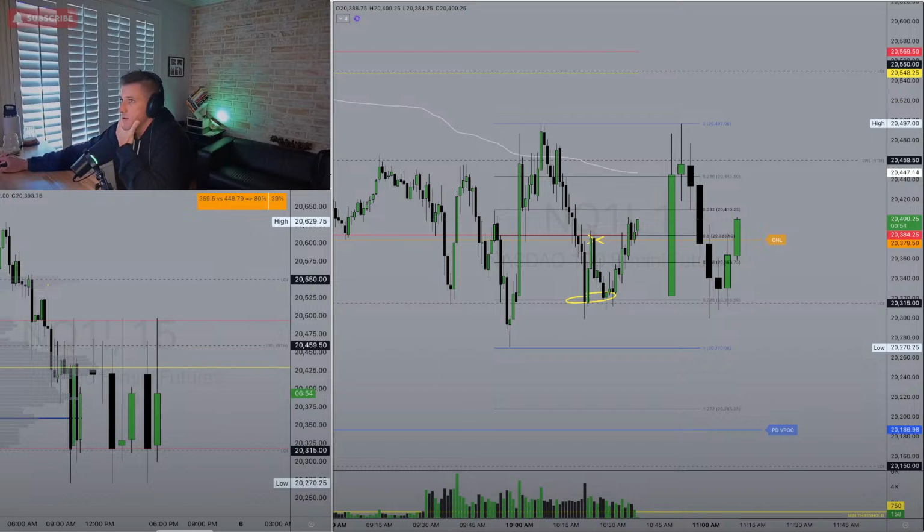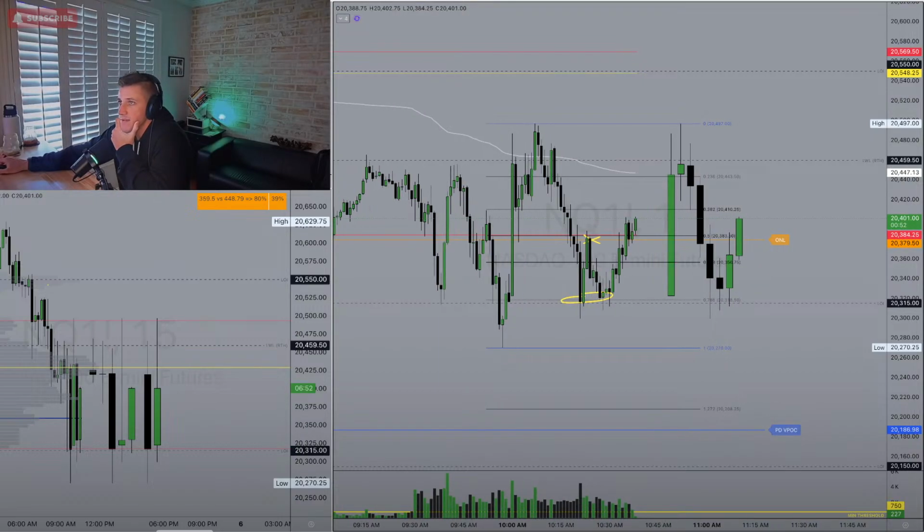See if we can break 400. Start to retest that VWAP area. VWAPy.